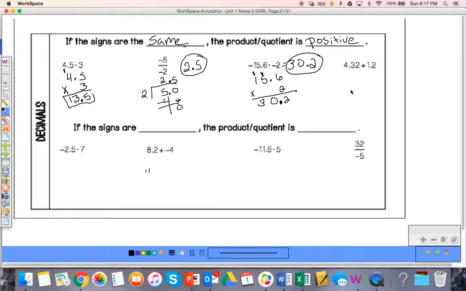Now we have 4.32 divided by 1.2. I'm going to put this on a different page to give us some room.